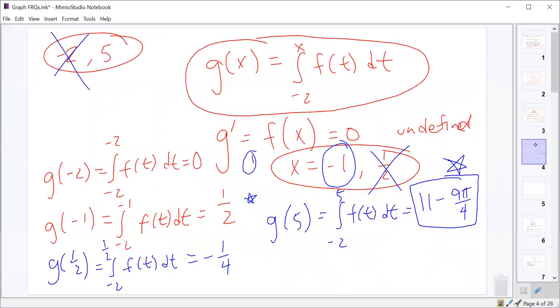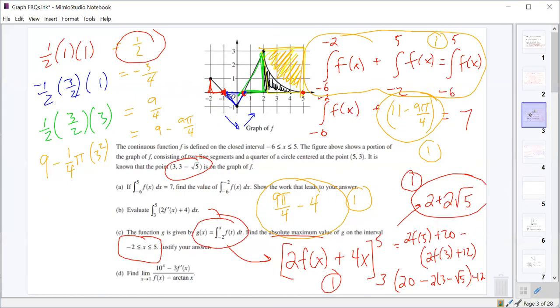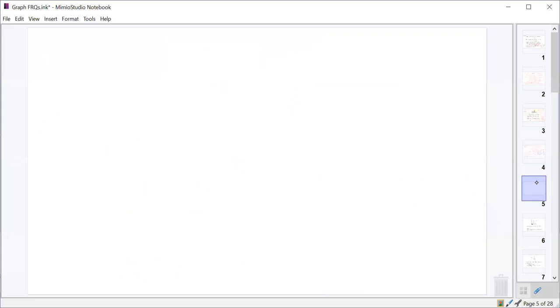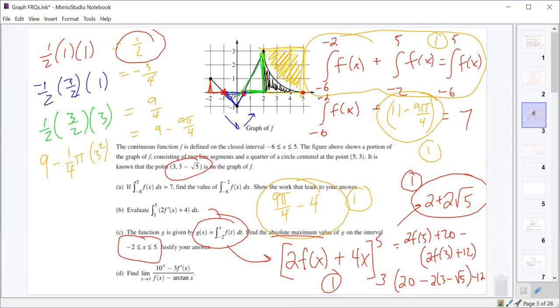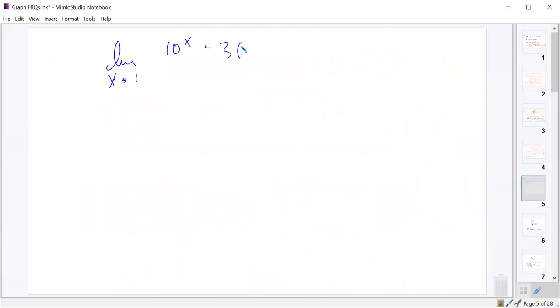All right, what was part D? Oh, that's the fun limit to write out. Okay, the limit as x approaches 1 of 10 to the x minus 3f prime over f of x minus the inverse tangent.